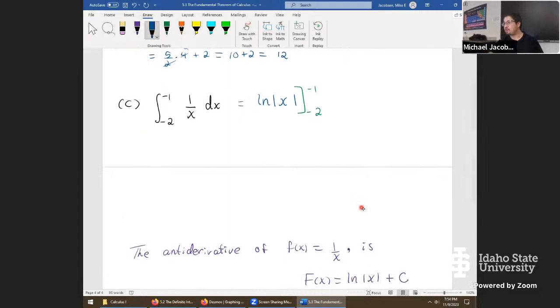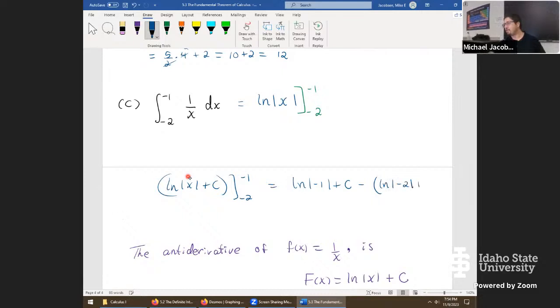It would have been natural log, absolute value of x, plus a constant. If you evaluate that from -2 to -1, it will become natural log, absolute value of -1, plus a constant. So I threw the -1 inside here, then go minus, throw -2 inside there, natural log of -2, plus a constant.